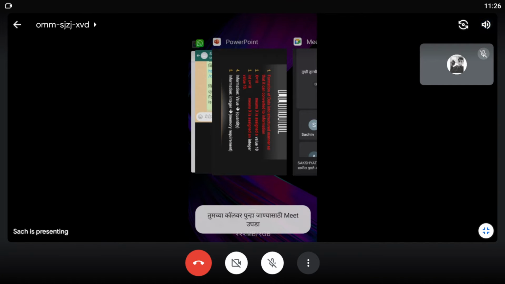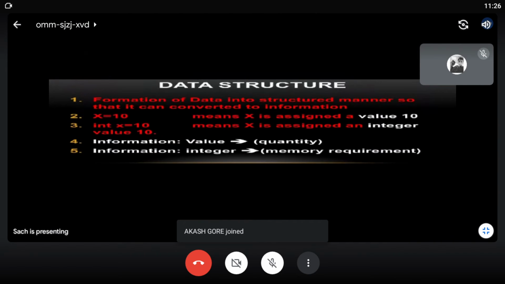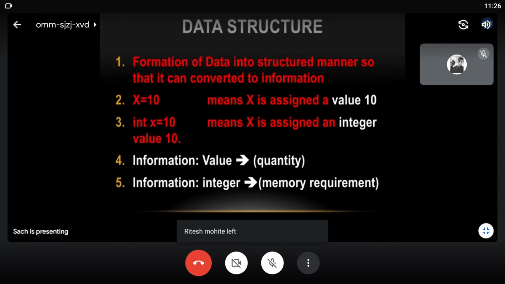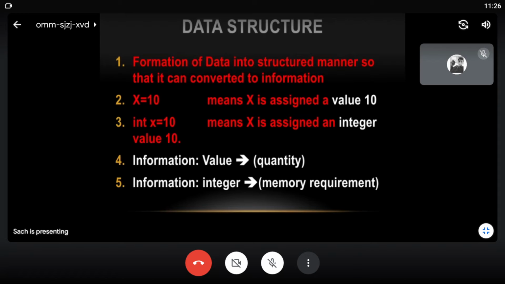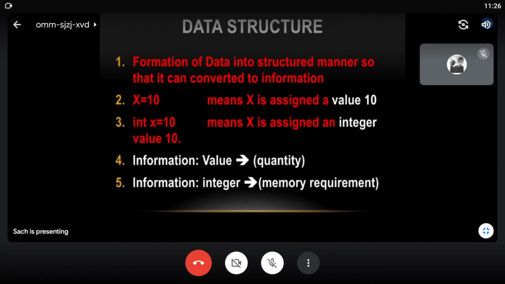Whenever you do programming, you are processing some kind of information or data. Let us assume we have written x is equal to 10, line number 2. It simply means x has a value 10. Now what can you say about 10? Either 10 units, 10 rupees, $10, or n number of outcomes. So we say that it is data which has the value 10.